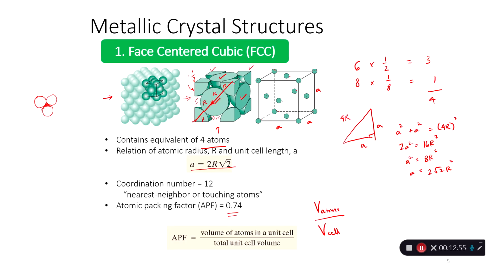In the previous example, we could easily take this triangle on the face out and bring it here and figure out the relation between the side of the cube and the radius of the atom, because on this face you have all the radius one after another, meaning that on this face the radius is full, there's no gap between the space. Okay, so we are able to come up with this 4R.